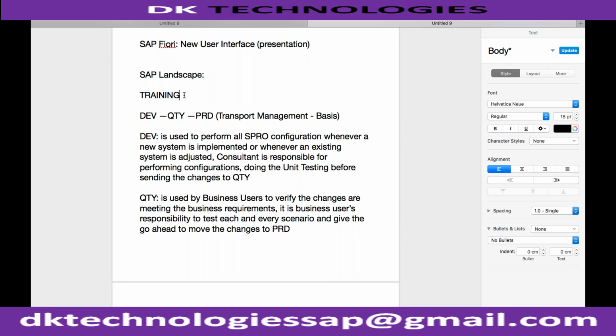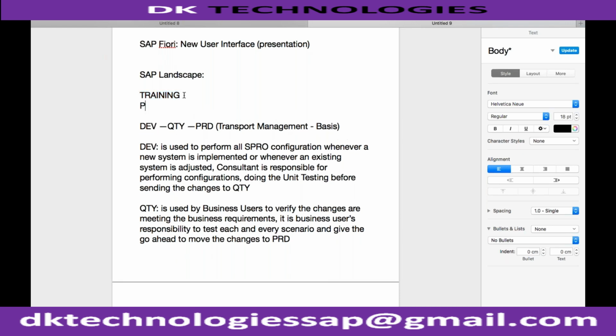And then one more is called pre-production. Normally pre-production and quality are used for the same purpose, just to verify that everything is fine and working before things are moved to production. But 90% of the time, you will find development to quality, quality to production. In very rare cases, you will find additional systems which are also part of the landscape.